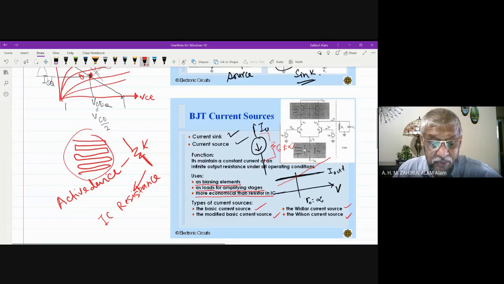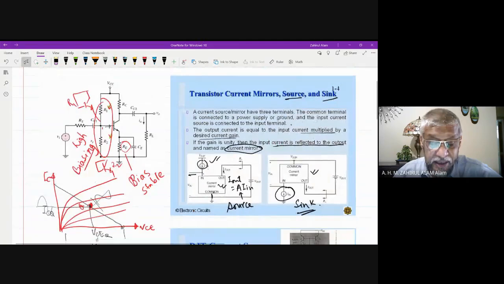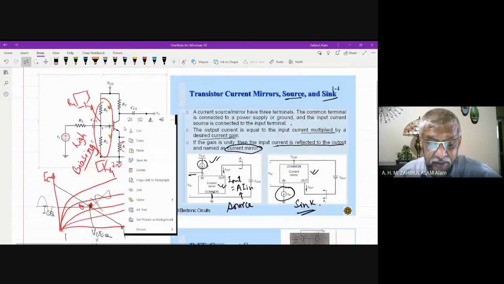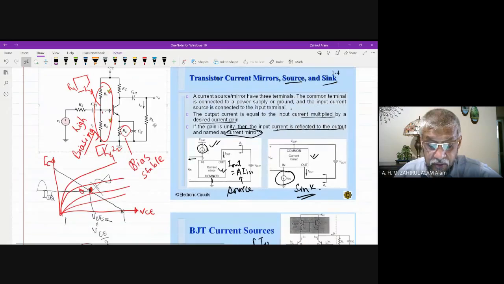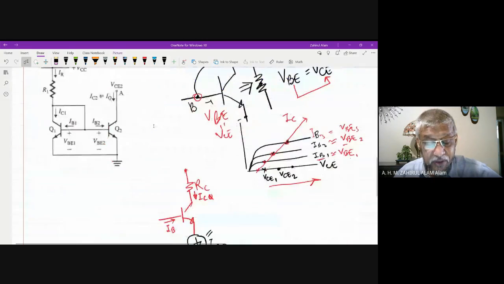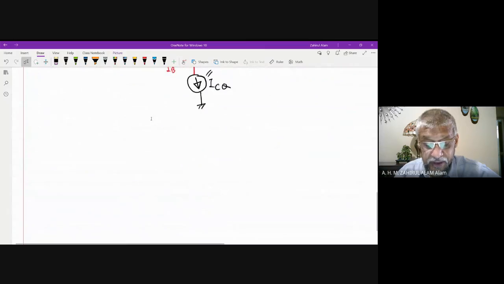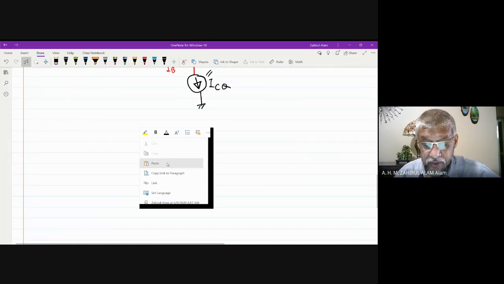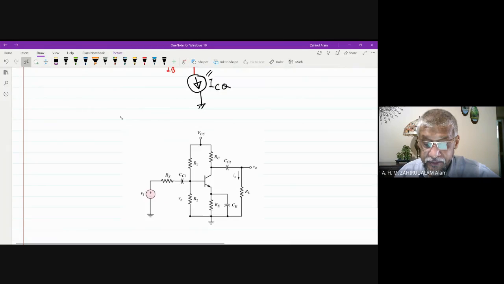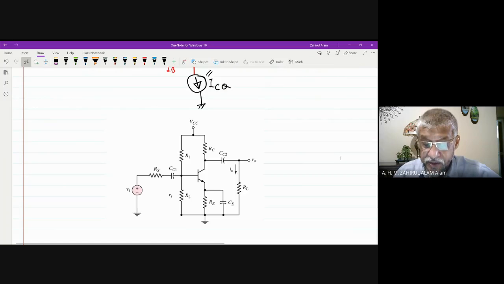Now, for example, if I compare this one, this is my current source. Now I need to replace this RE.